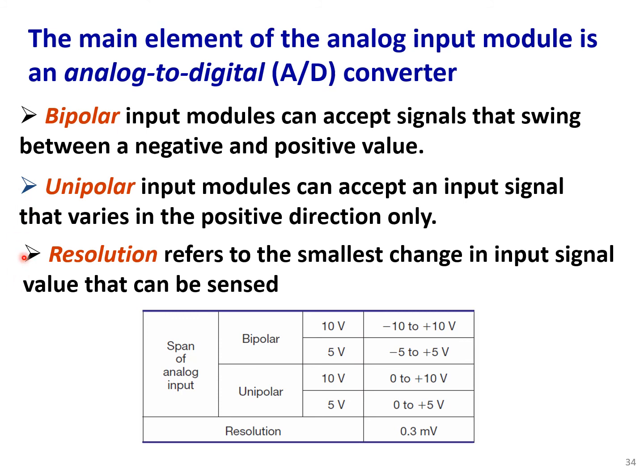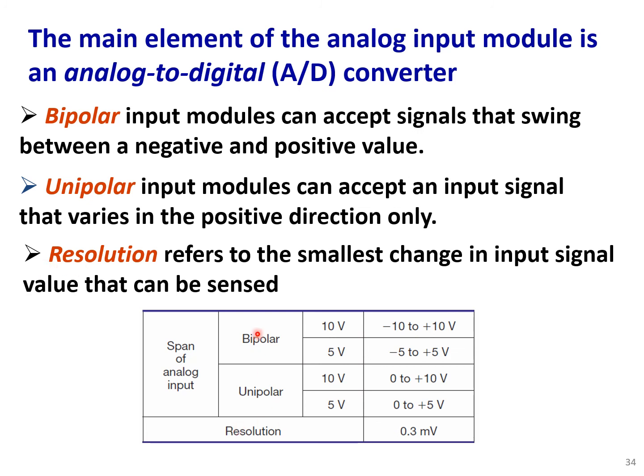And we have another definition, very important definition for analog or AD converters, analog to digital converter, which is resolution. Resolution refers to the smallest change in input signal value that can be sensed. Okay, so resolution is type of like sensitivity here.